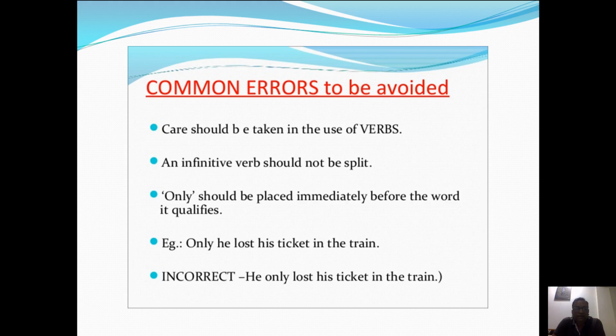Second, an infinitive verb should not be split. Remember, "only" should be placed immediately before the word it qualifies. Only he lost his ticket in the train. "Only" should be first. He only lost his ticket in the train. This is incorrect.